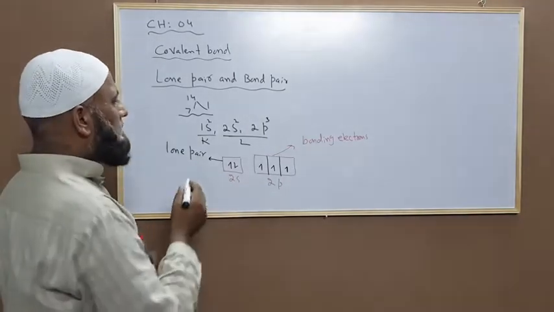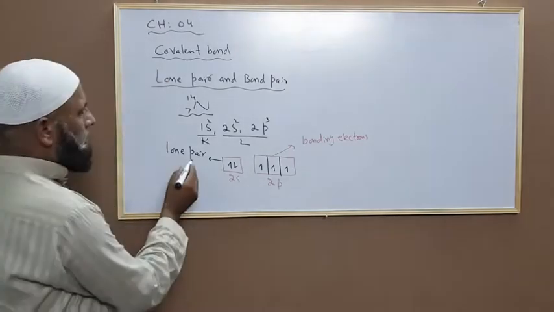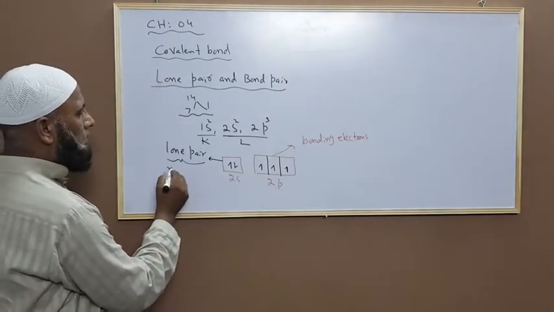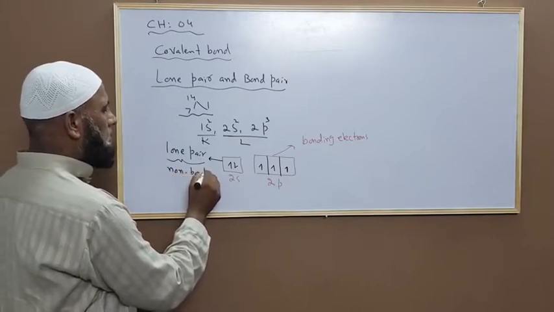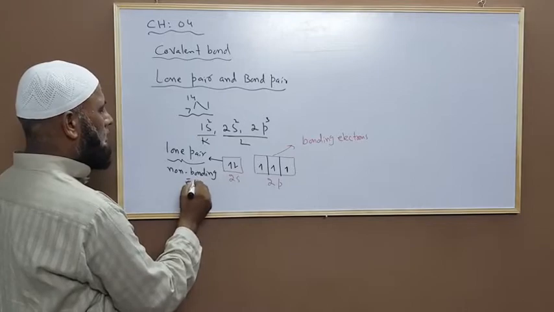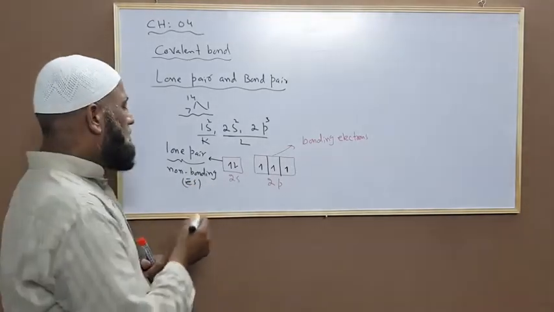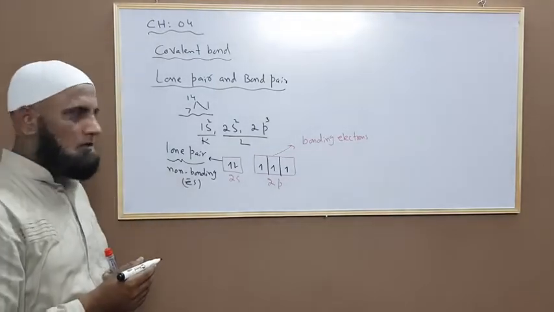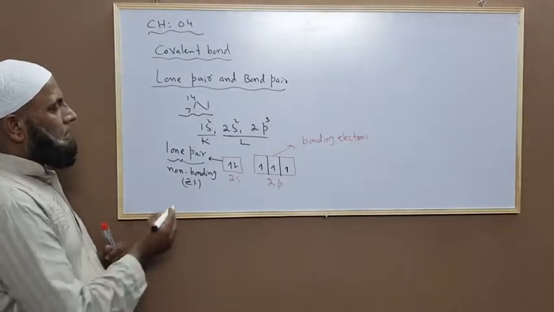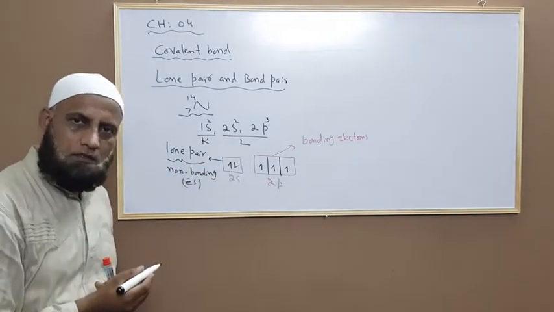So how can we distinguish between bonding and non-bonding electrons? Lone pair is also known as non-bonding electrons. These electrons are actually used in the formation of a coordinate covalent bond. So here in nitrogen, there is one lone pair and 3 bonding electrons.